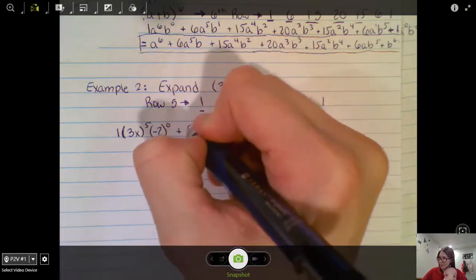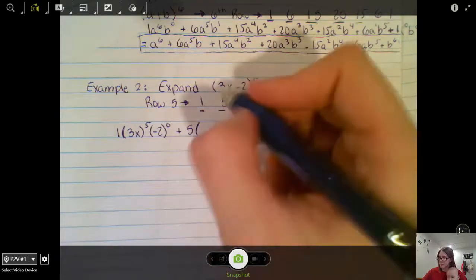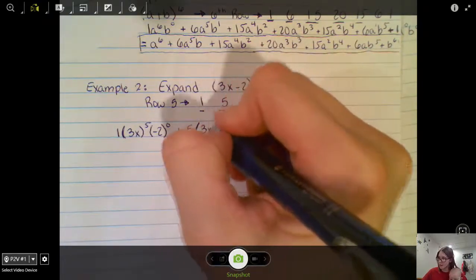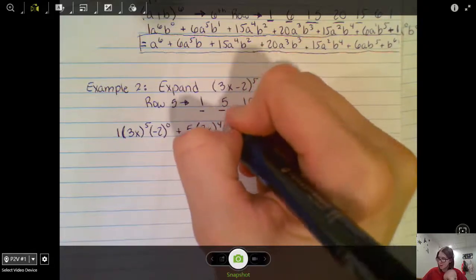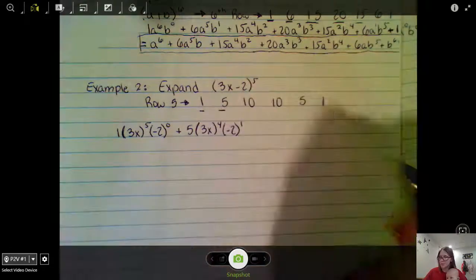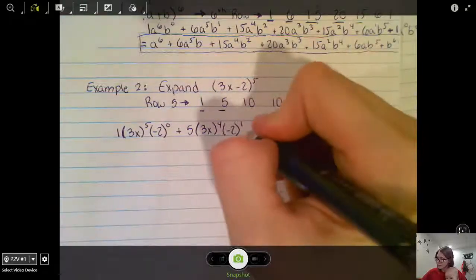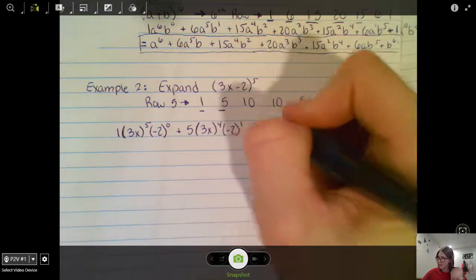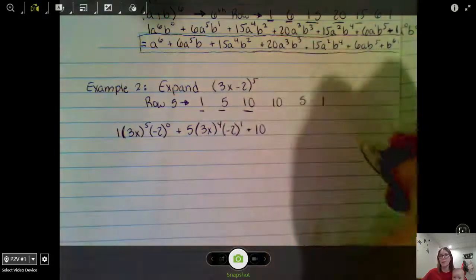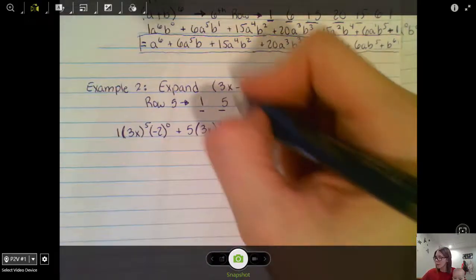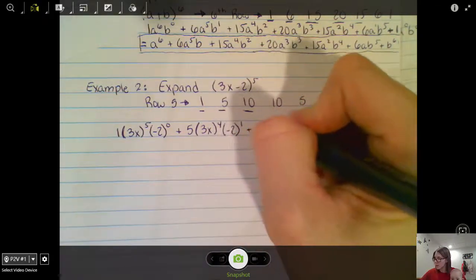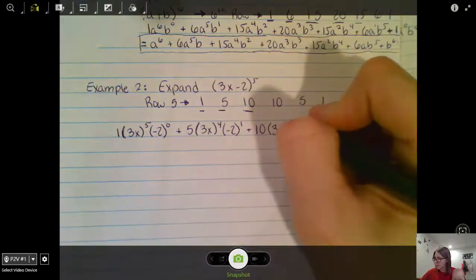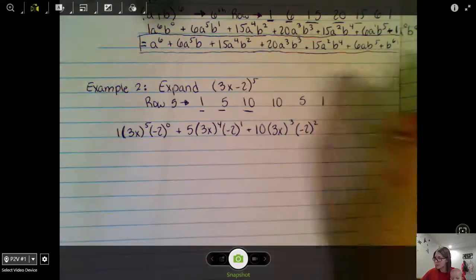Then I have 5. The 3x loses a power. The -2 gains a power. Ten is my next number from Pascal's triangle. The 3x loses a power. -2 gains.